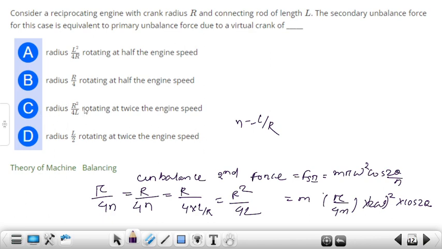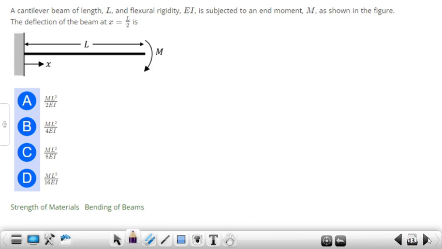So the radius is R square by 4L at twice the engine speed, so engine speed is 2 omega, and this is the secondary force, and this is actually the primary force. Comparing this, the answer will be radius R square by 4L rotating at twice engine speed.